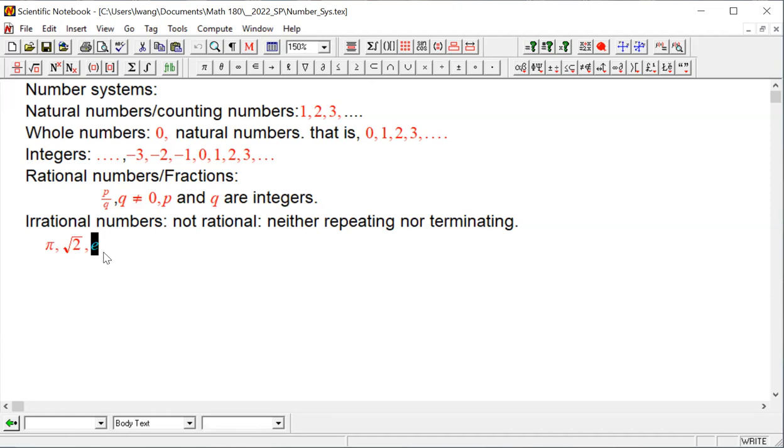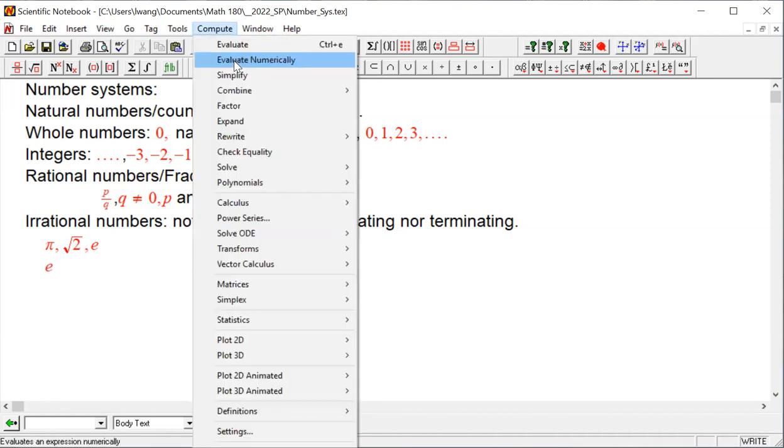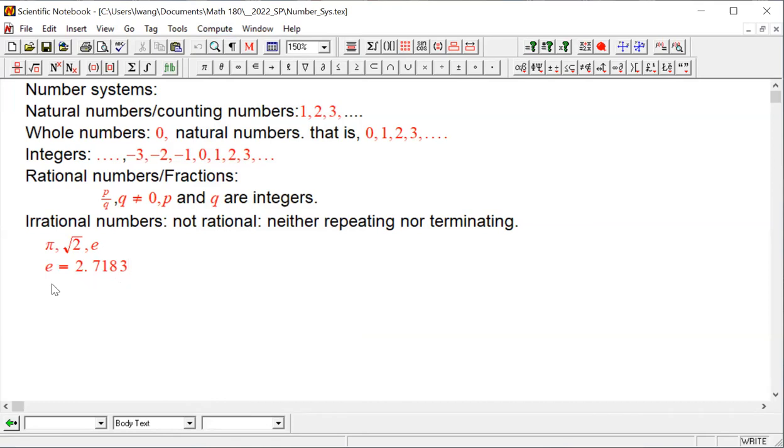So E is a number. Let me write down what E is. We all know pi, right? E is approximately 2.7183, and there are many, many digits afterwards. They're not repeating and they're not terminating either.